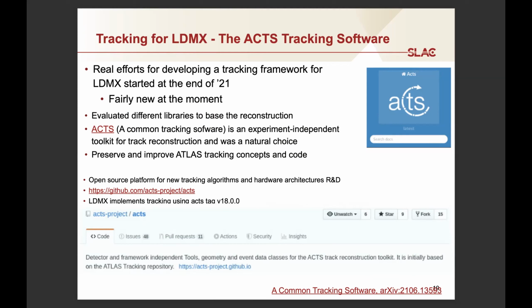So this is a fairly new framework at the moment, so don't be too judgmental. We use ACTS, which after evaluating several libraries we thought was the natural choice, and we used one of the latest versions, 18.00, just to give some details.